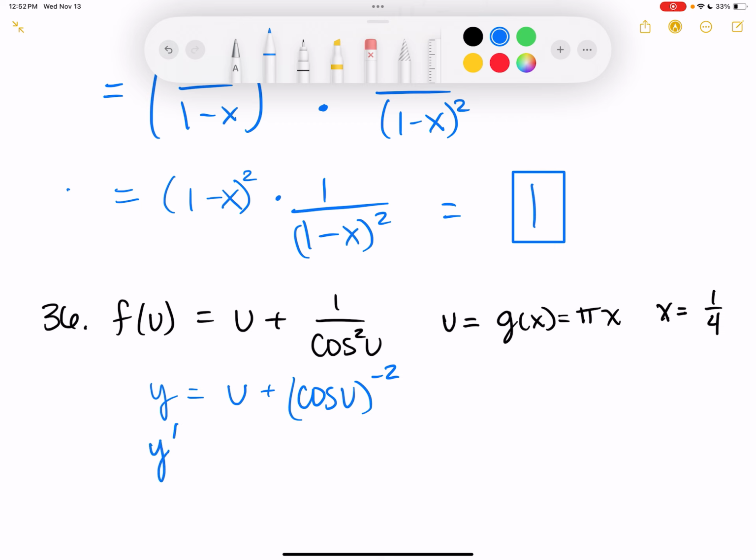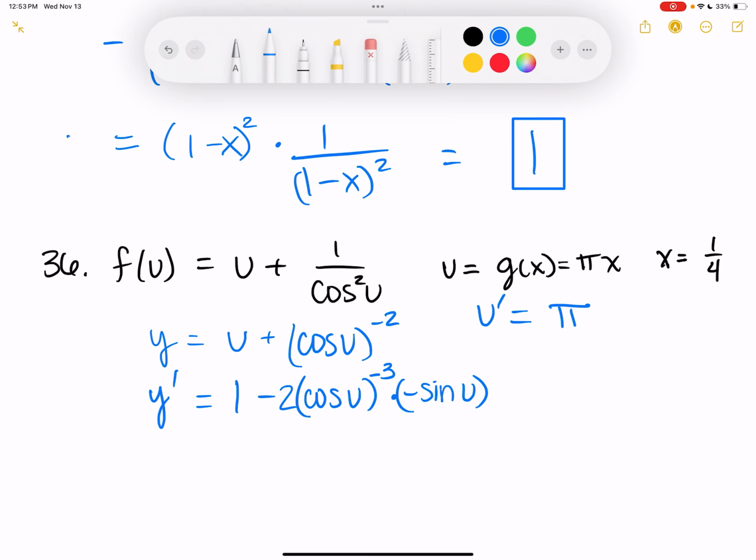So what's the derivative of that? 1 minus 2 cosine of u to the negative 3, times negative sine. Yeah. And what is u prime? Pi.